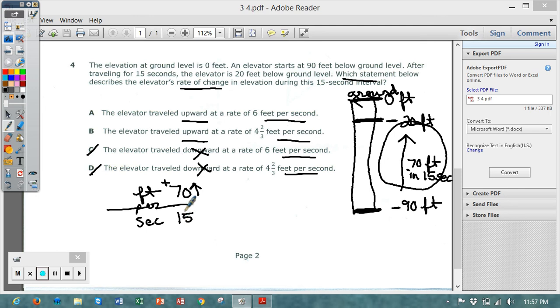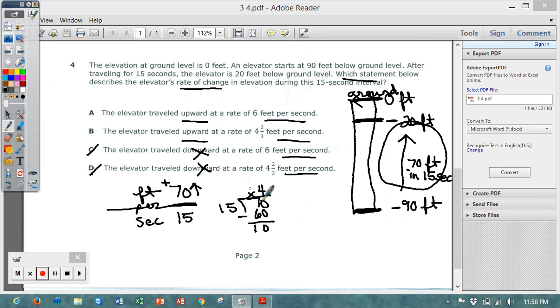And so this bar, this fraction bar, tells us to divide. 70 divided by 15. 15 does not go into 7. 15 goes into 70 4 times. 4 times 15 is 60. We're subtracting it, 10. Now, looking at your answer choices, it's either going to be 6 or 4 and 2/3.